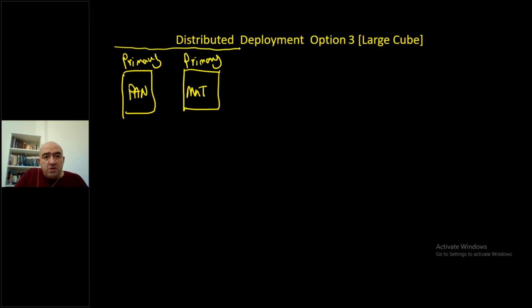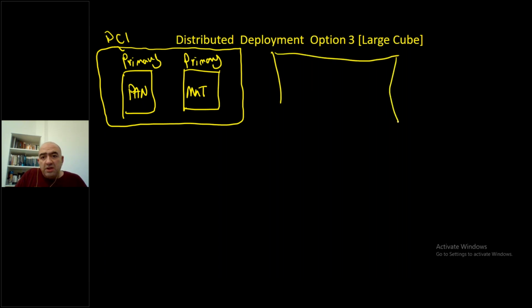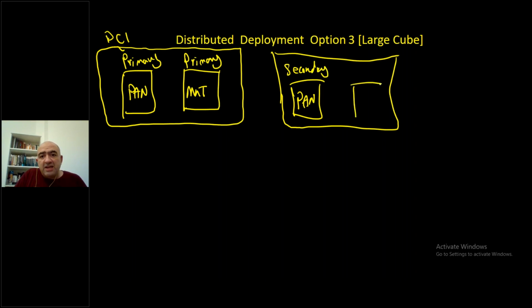And these two will be in data center 1. Another data center will hold for me the secondary administration persona node and the secondary node for monitoring. So in this case, I have 4 ISE nodes now.